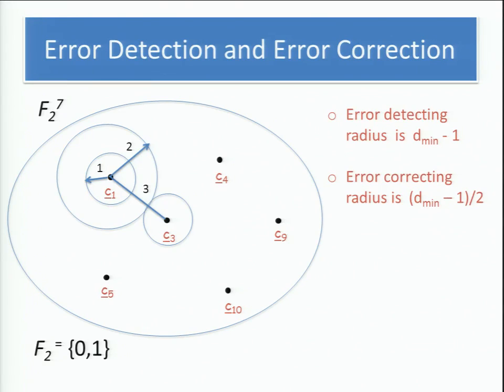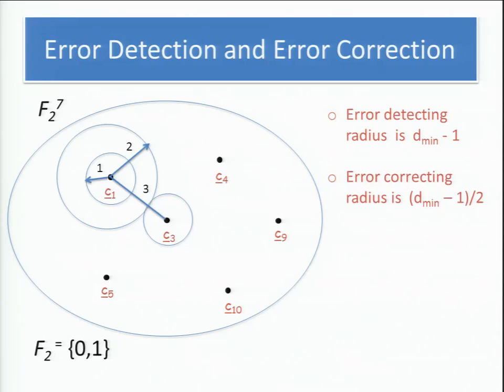What is the significance of this minimum distance? As we said earlier, a code has some error detection and error correction capabilities, and using minimum distance you can define both. What is meant by error detection capability? I look at the code word, I know it's not correct. That is called error detection: I have detected an error.